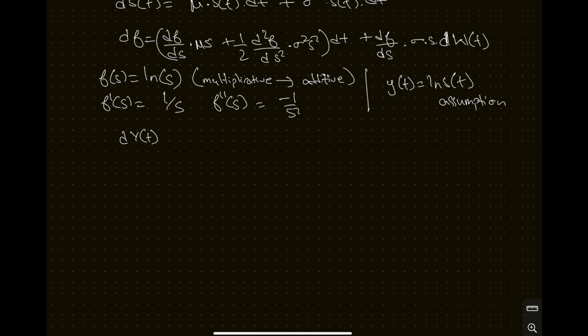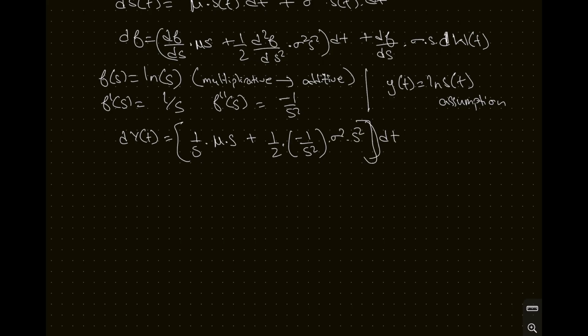Okay, and we can substitute this. This is 1 by S into mu into S, plus half into d squared f by ds squared, that is minus 1 by S squared, into sigma squared S squared, dt, plus again df by ds, 1 by S, sigma S dW of t.